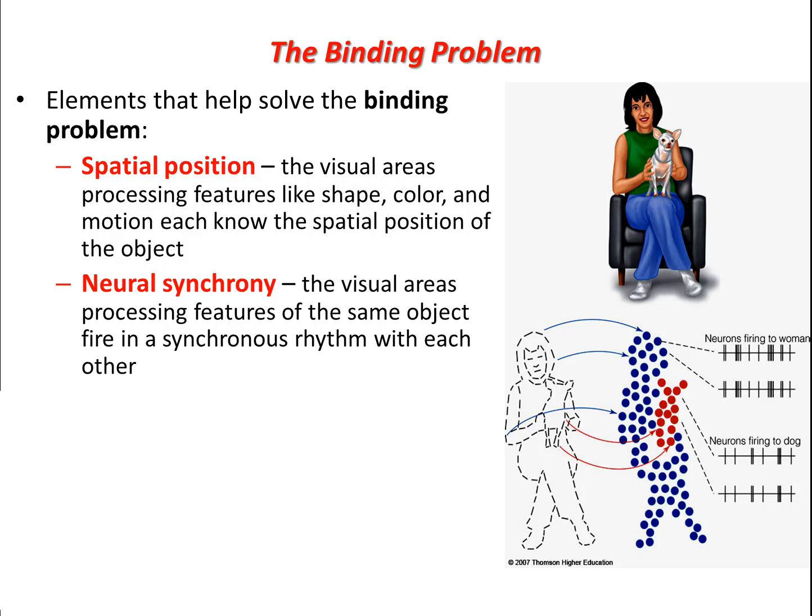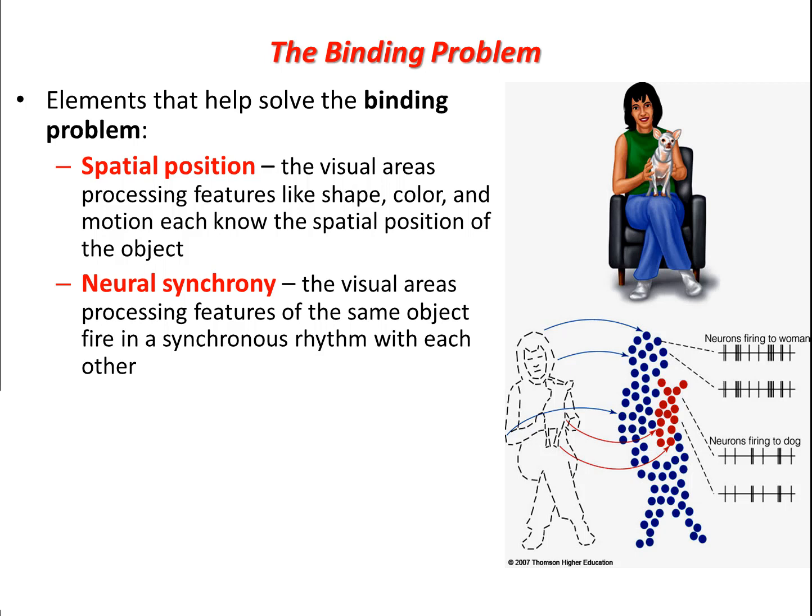So when they connect the shape, color, and motion to the spatial position, you could then assume that it is the same object. That information can then be used to bind those different attributes of that particular object.